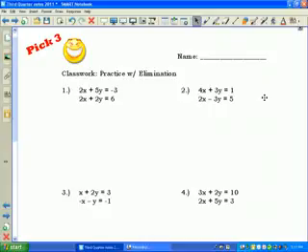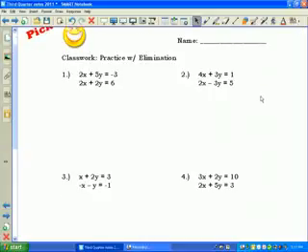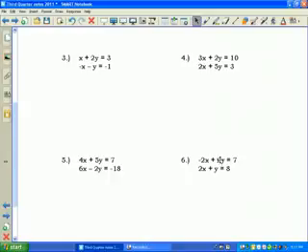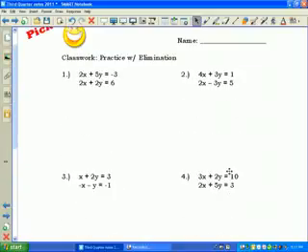Okay. They only have to pick 3, notice the smiling face, out of the 6 problems. Okay. They get to choose which 3 problems they feel comfortable with in solving in order to get a score of 3 out of 3. Okay. So each of them are worth 1 point.